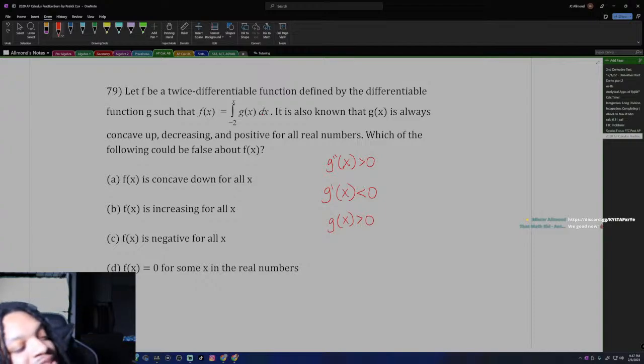This one doesn't seem too bad. It's just incorporating integrals and derivatives canceling each other out while involving all the first semester stuff: increasing, decreasing, concavity, etc. There's a relationship between g and f.